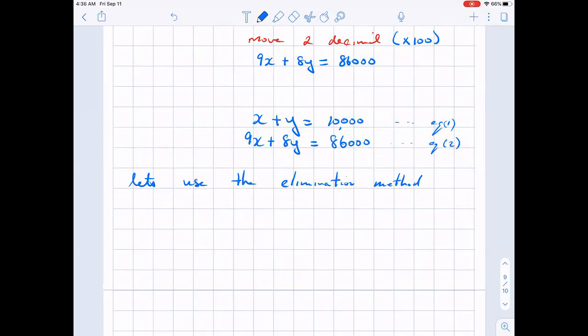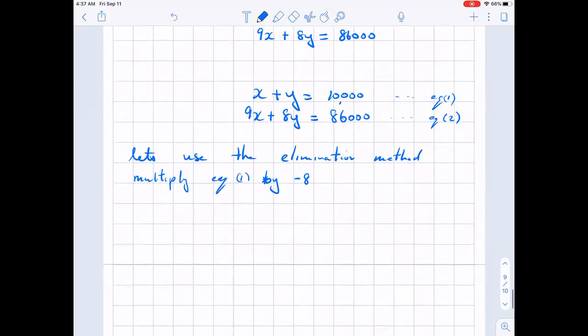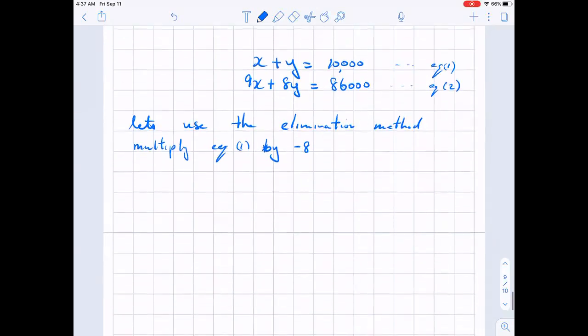So we'll multiply equation 1 by minus 8, or you could do minus 9 if you want to get rid of the x.